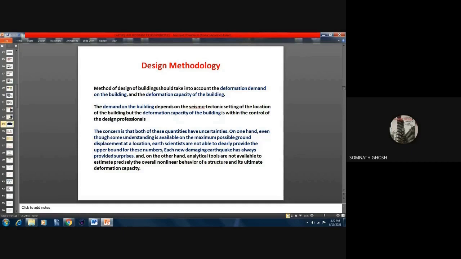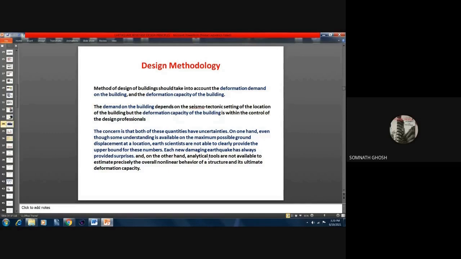They will give you some idea, but they can't give you the maximum like that. Each new damaging earthquake has always provided surprise. That is true, because whenever something happened in a particular place where an earthquake already took place a few years back, we are getting different results.